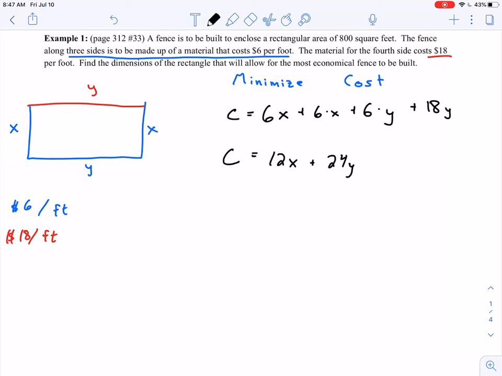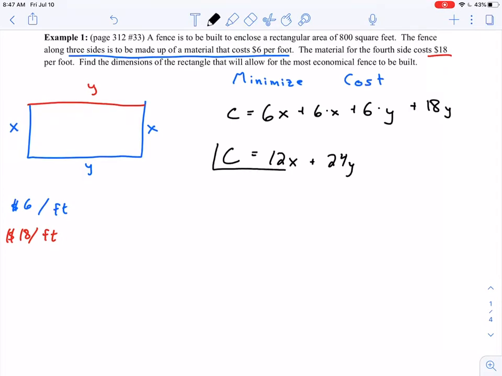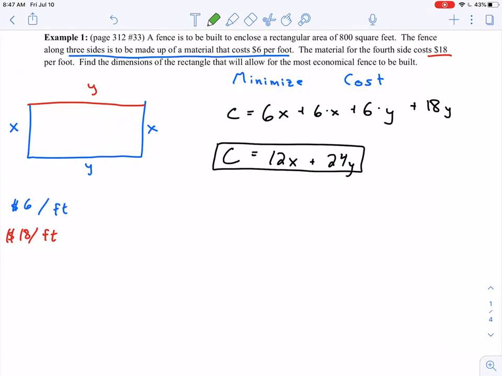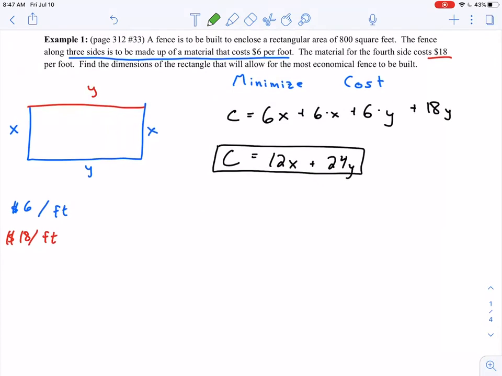So we need to come up with some other relationship between our two variables, x and y. See if we can simplify this. So hold on to this thought for now. We're going to come back to it in just a second. I would like to come up with some other relationship between x and y. So I'm going to go back and reread the problem.